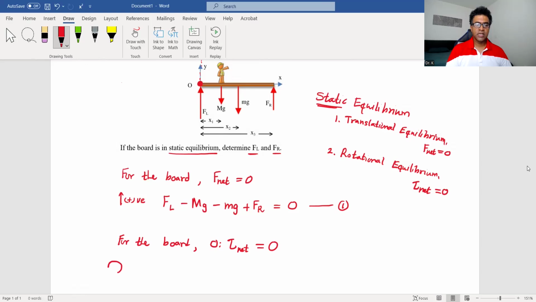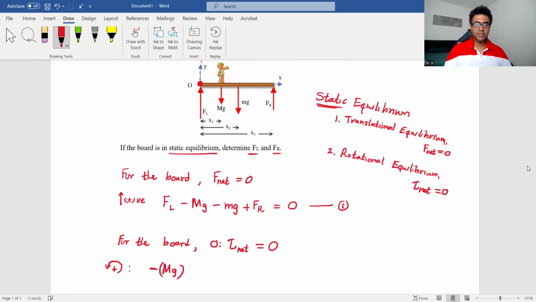So if we consider point O, force F of L goes through that point, so there's no torque caused by that force. Look at mg, the weight of the person. That's going to cause a clockwise torque. I'm considering counterclockwise as positive, so clockwise torques will be negative. That's why I'm going to put a negative sign.